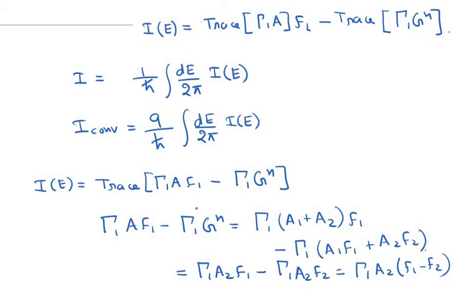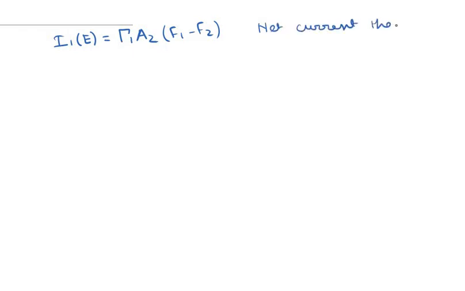Okay, now this is the current at energy E, or this is proportional to the current at energy E that enters into the channel from the left contact, or contact number 1. So write it here as I1E. This is the net current that enters from the left contact.